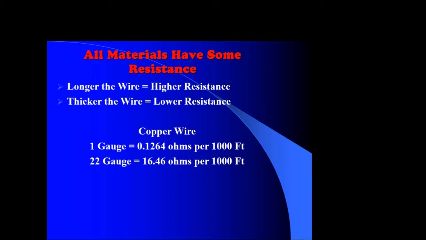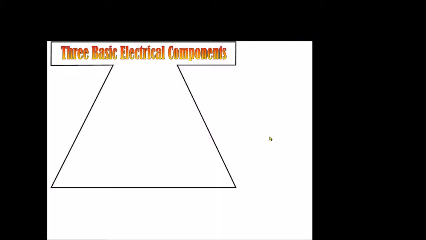But again, the longer the wire, the more resistance you're going to have. A 22 gauge wire per 1,000 feet is about 16 ohms of resistance. So it's negligible. It's a very low resistance, but you do get some resistance depending on how long that wire is.